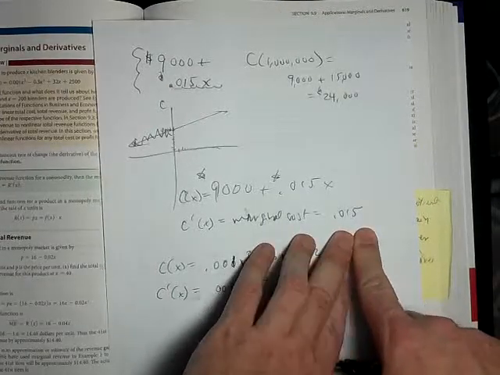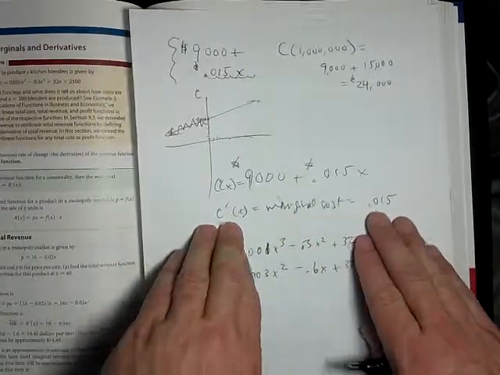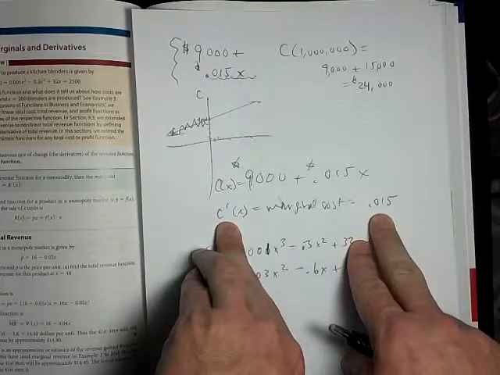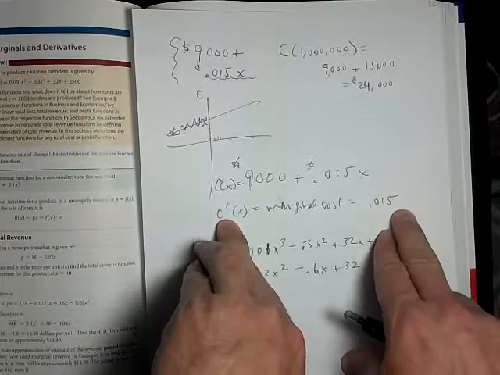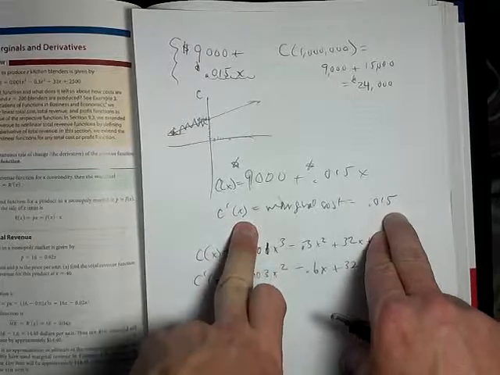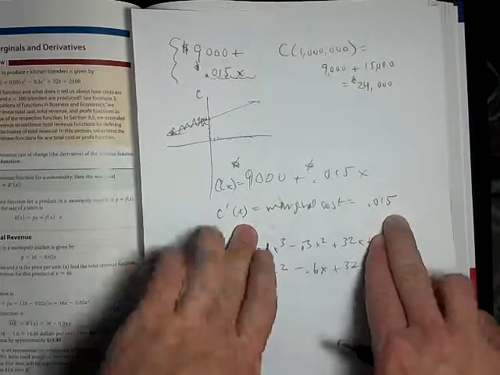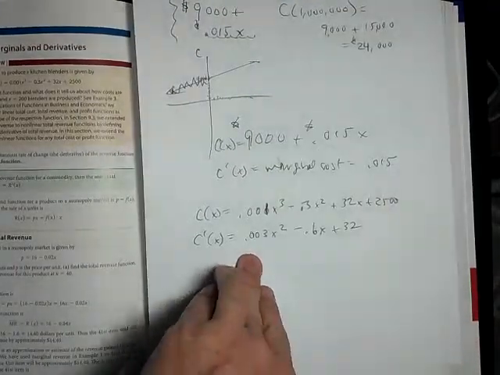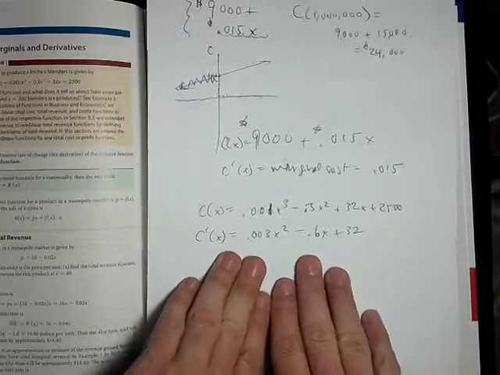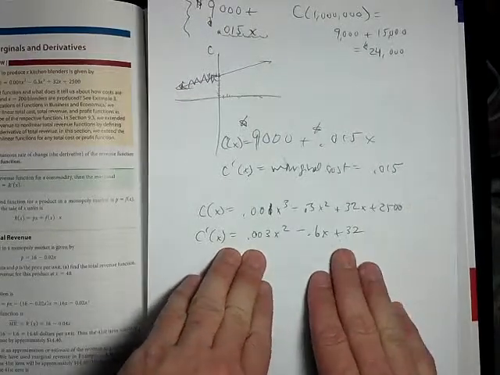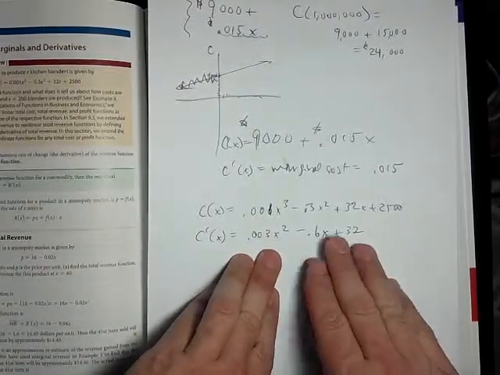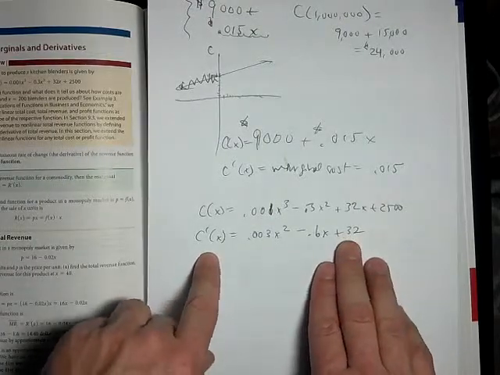In other words, sometimes the marginal cost is not fixed, but depends on the number that you make. And so in this example that they give you, indeed, the marginal cost is not a constant. It depends on how many you made.